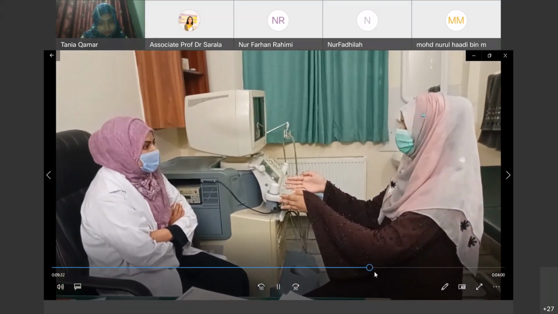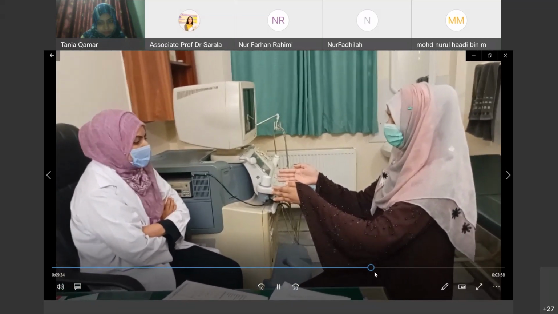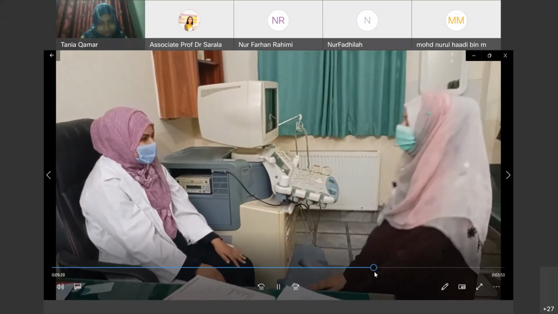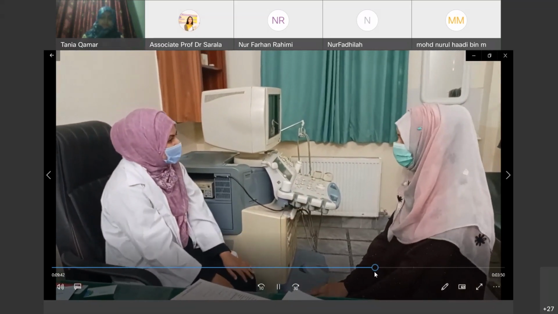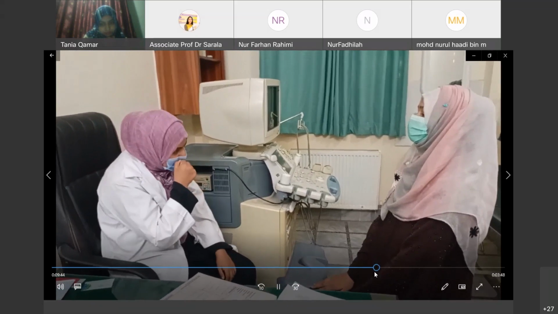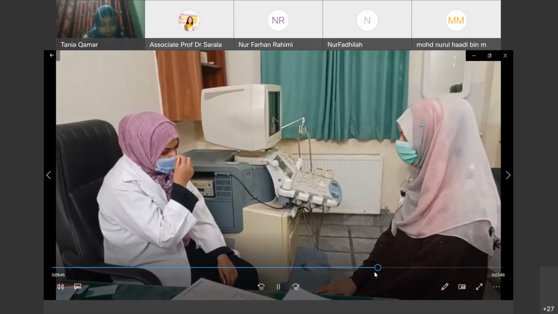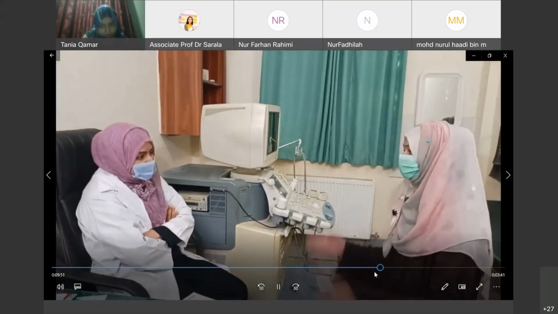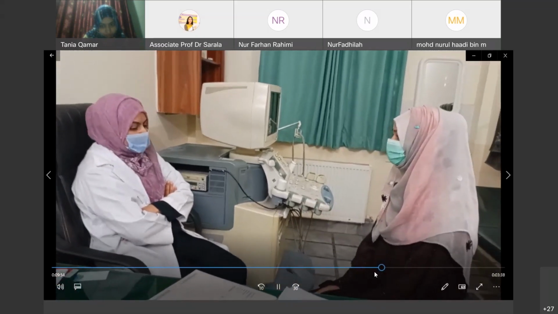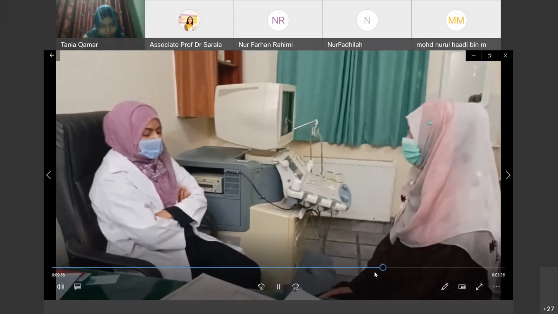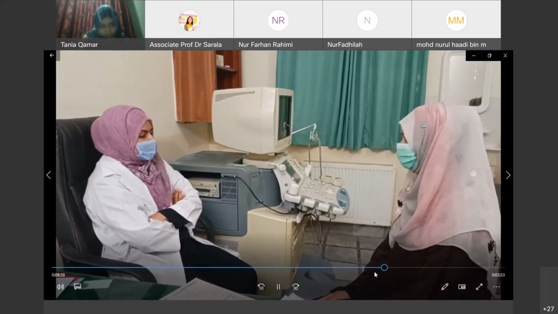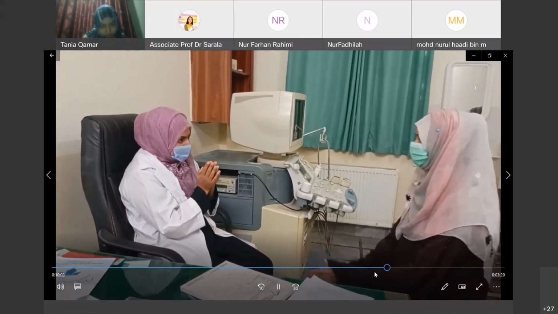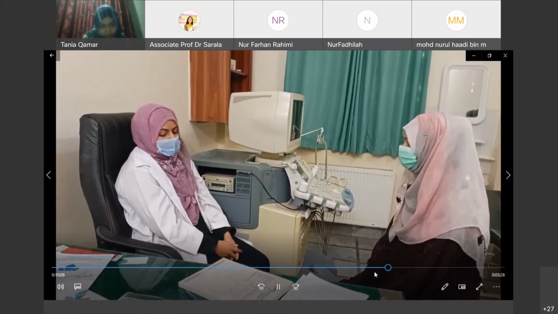Open your eyes. Don't move your head. Okay. Now feel relaxed. Take a deep breath. Now just tell me what you feel. Okay, you feel an iron as well. Do you feel some attraction between your hands? Close to each other. Okay.